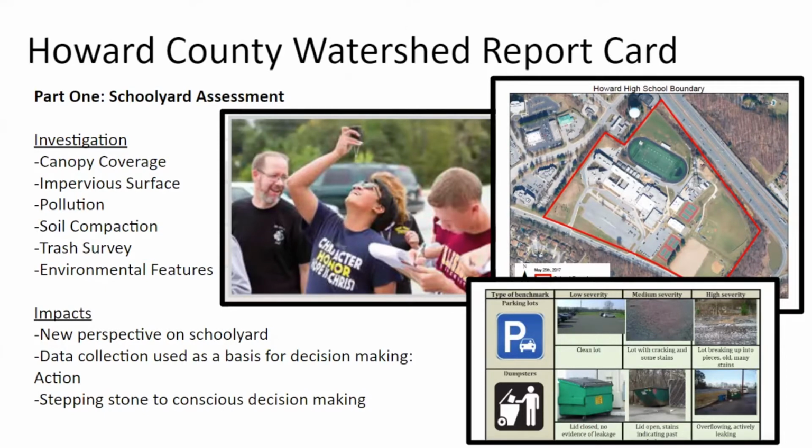And one of the most troubling spots for them is actually when they conduct their trash survey around the school area. But as always, we like to include something positive for the kids to examine. They evaluate the existing environmental features that they have in their schoolyard, such as rain gardens and native plants and stormwater ponds with fringes, stenciled storm drains.